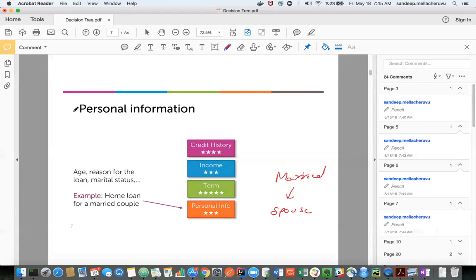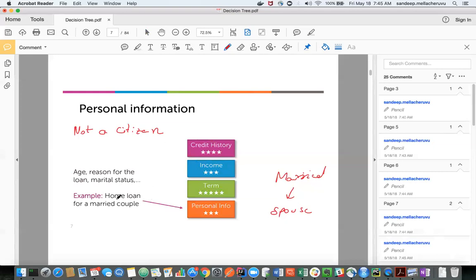As well as there could be another reason about the personal information. Let's say the person is not a citizen. If he is not a citizen, he can anyway go back to his home country and choose not to repay the loan. That is another reason why that person may default, because he is not a citizen of that country.